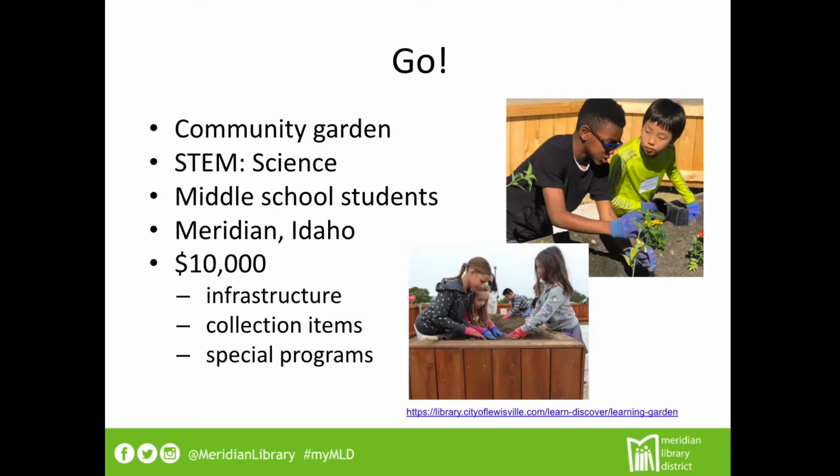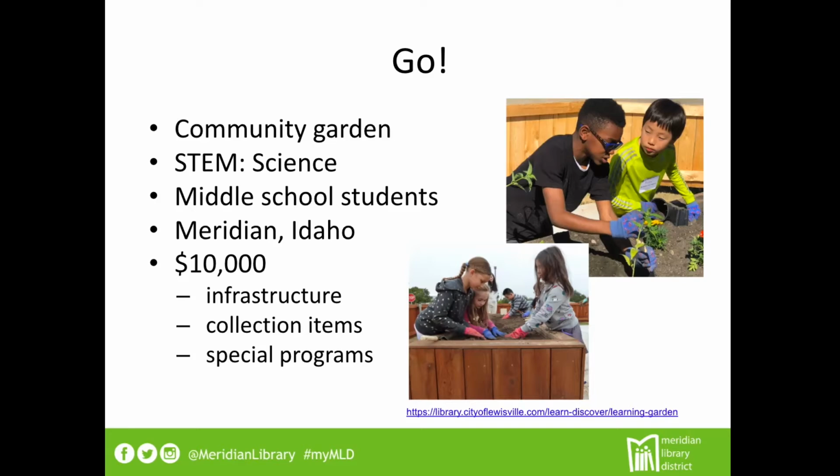It is, of course, here in Meridian, Idaho, and we're going to say this is a pretty big project. We'll say it's a $10,000 project in all, and that's going to cover infrastructure, probably some sprinkler systems, some soil, the building of the boxes. We're also going to purchase some collection items that will help with the learning about gardening and soil science and maybe some environmental impact.